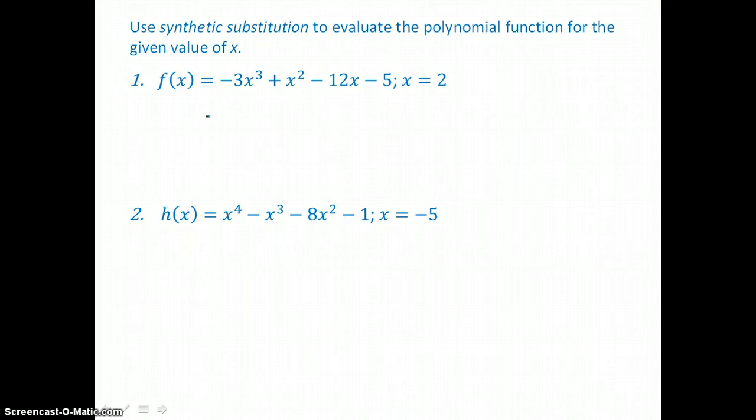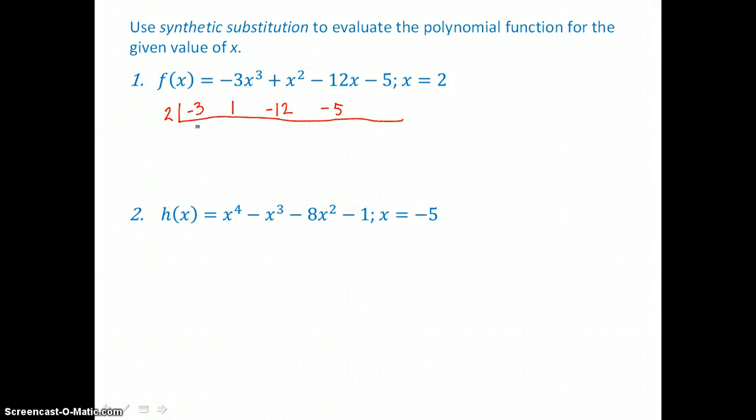So to use synthetic substitution, we're going to put that x value 2 through the coefficients of this polynomial, and the coefficients are negative 3, 1, negative 12, and negative 5. Every degree has to be represented, and this polynomial is of degree 3, so 3, 2, 1, 0. I have every degree represented 3 through 0 with coefficients.